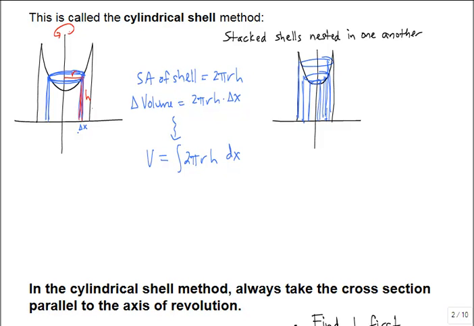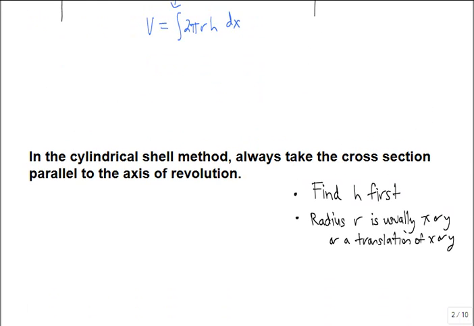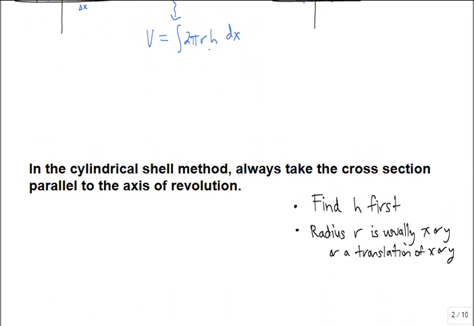Okay, so this is going to become our formula for cylindrical shells. It's called the cylindrical shell method, and what you're going to have as your formula is the volume of 2 pi r h times dx, or potentially 2 pi r h times dy, depending on which way your shell goes.